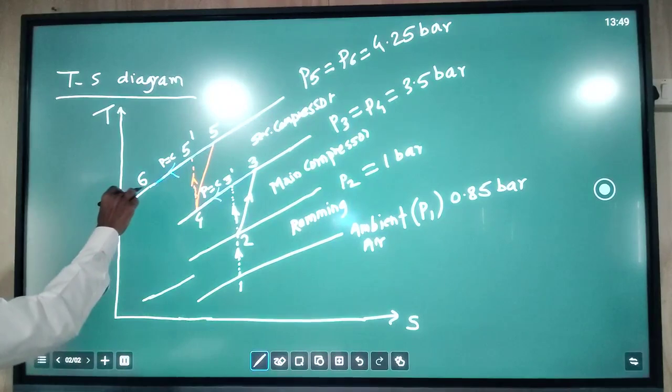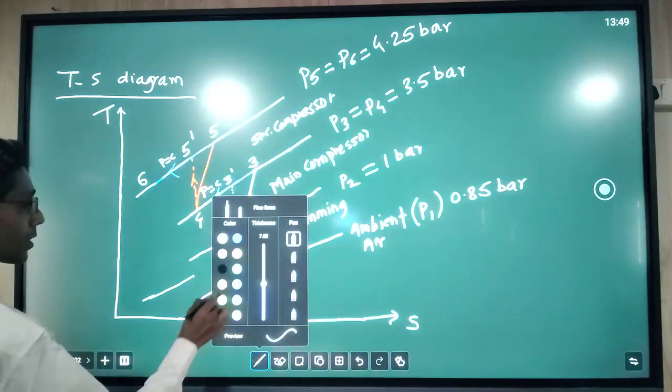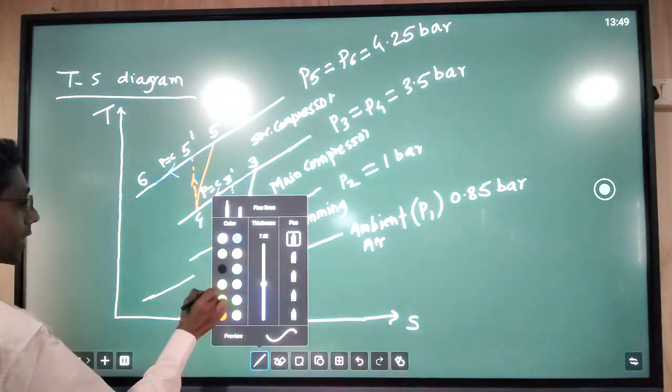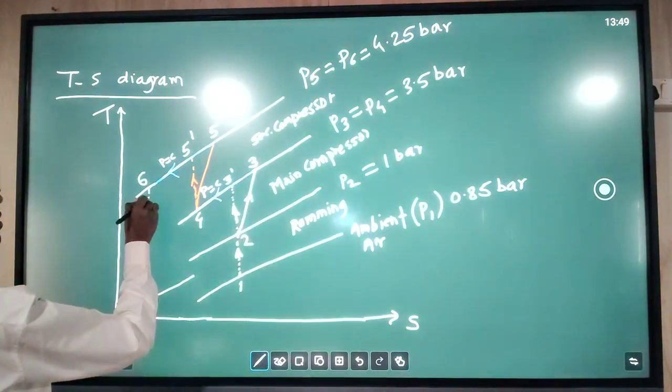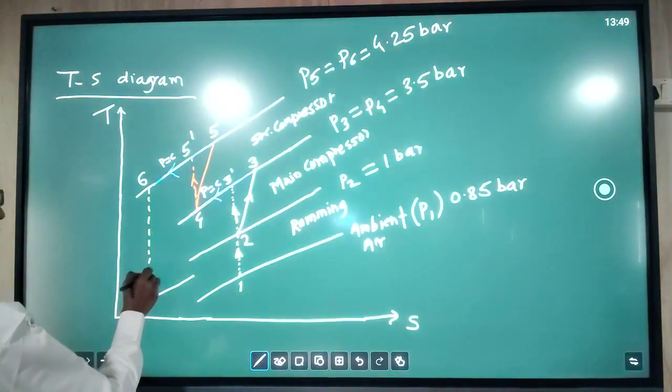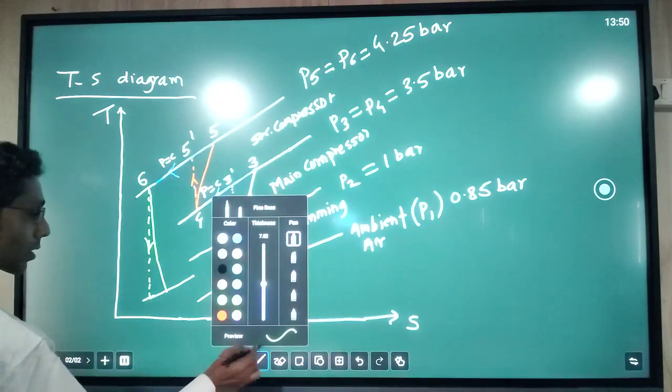Then the air goes into the turbine, where the isentropic expansion of the air takes place. This is the isentropic expansion of the air, and this is the actual expansion of the air.